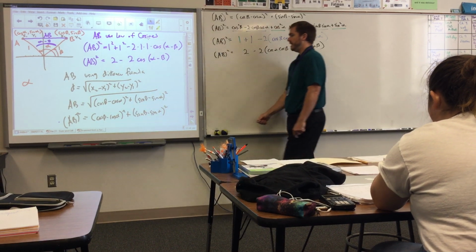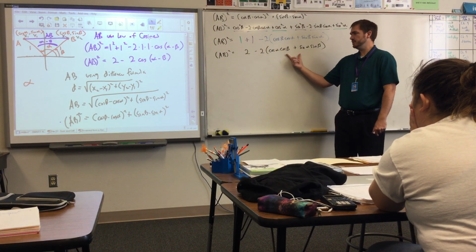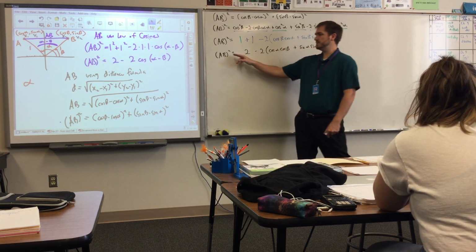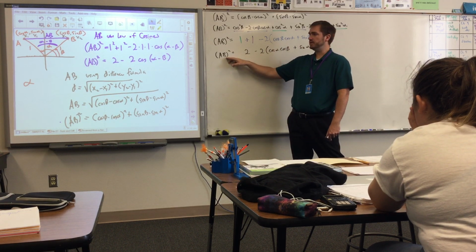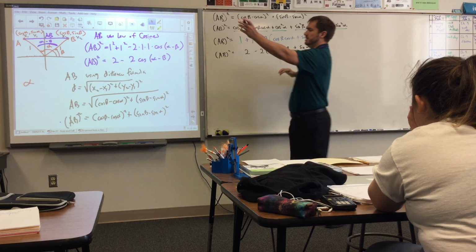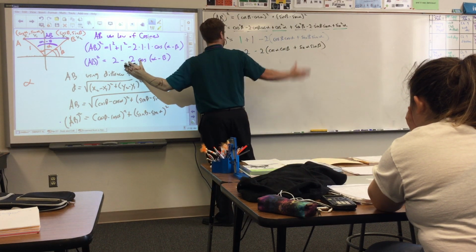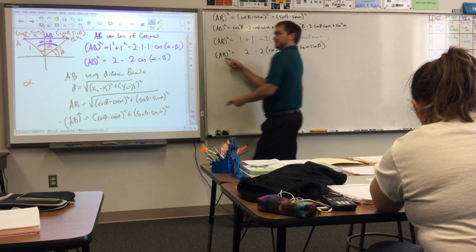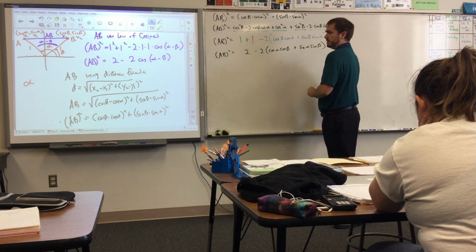Now I have this other thing, 2 minus 2 cosine and all that stuff, equals AB squared. So therefore, this is equal to the other thing. Agreed? Because they both equal AB squared.